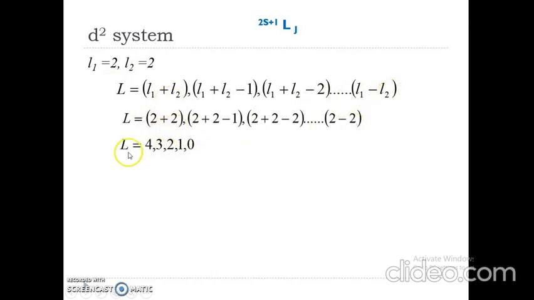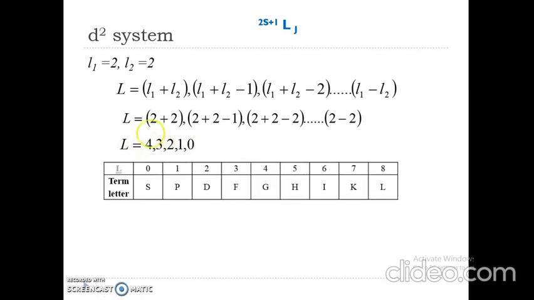You can have 5 values for L. And for each of these 5 L values, you have a term letter. For L value 4, the term letter is G. For L equals 3, the term letter is F. For 2, it is D. For 1, it is P. For 0, it is S. Which means for a d2 system, we have 5 different terms that are possible.